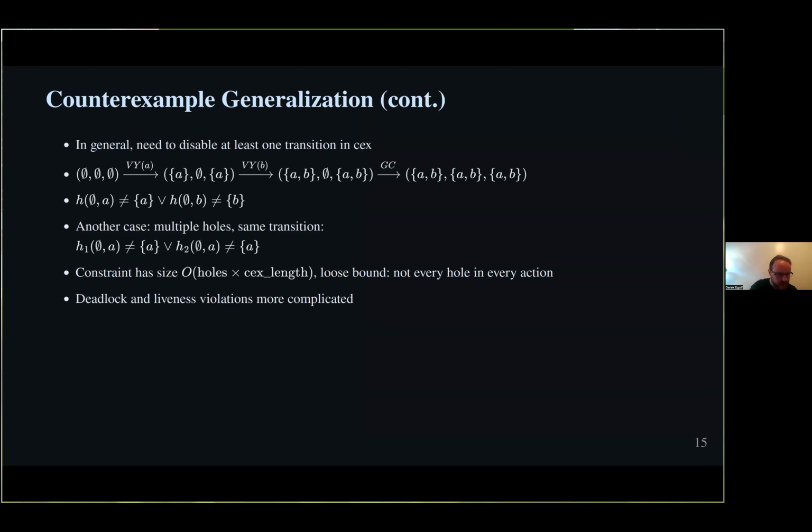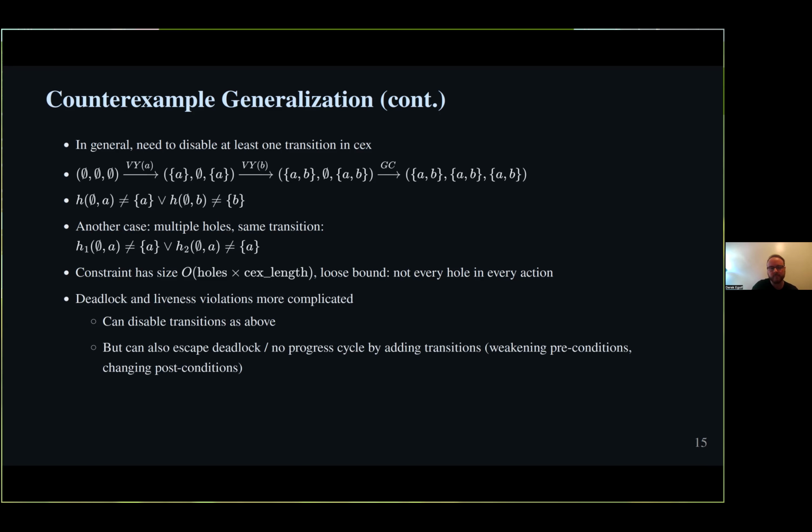Deadlock and liveness violations, which we're not going to go into too much detail on, are more complicated. Because to repair a deadlock, for instance, you can disable the transitions that lead to the deadlocked state, or you can add transitions in order to make that state no longer a deadlock state.